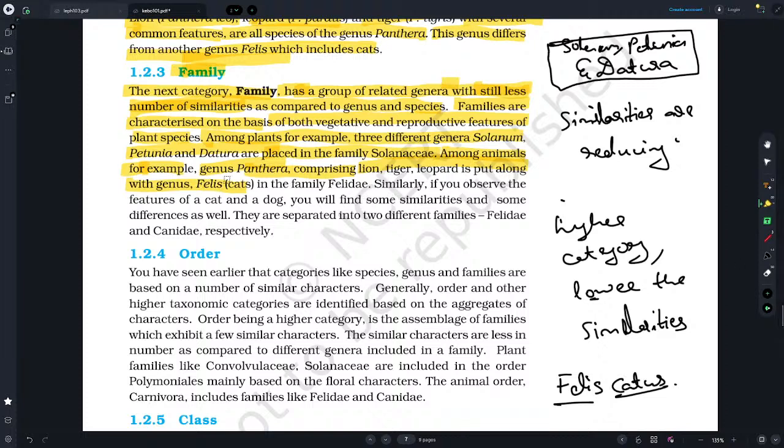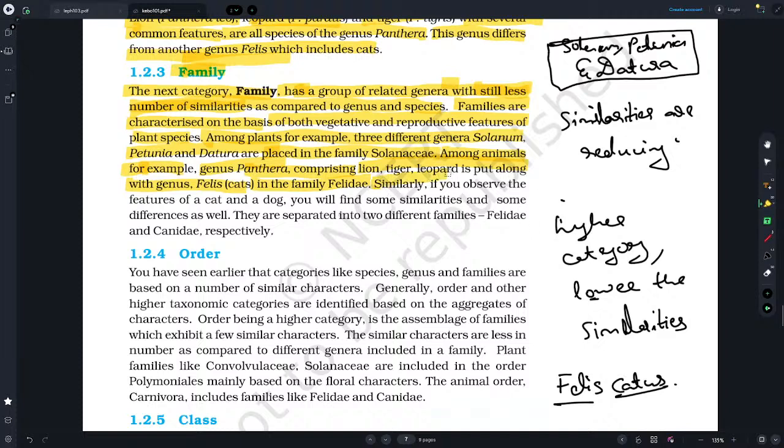Here genus Panthera, which contains lion, tiger, leopard, is put along with genus Felis, which is the cat's genus, and both are placed under the family Felidae. Felidae comprises both the genus Panthera and Felis.